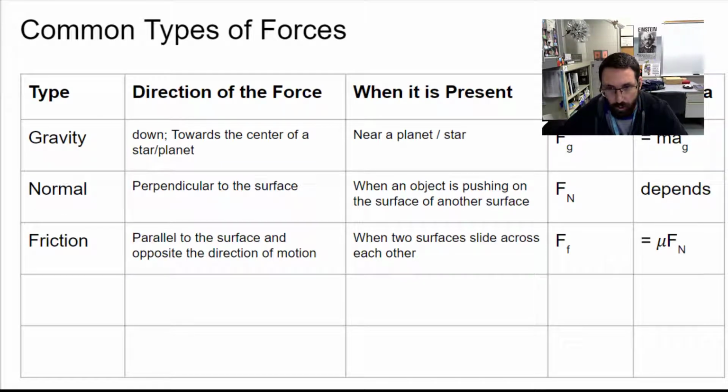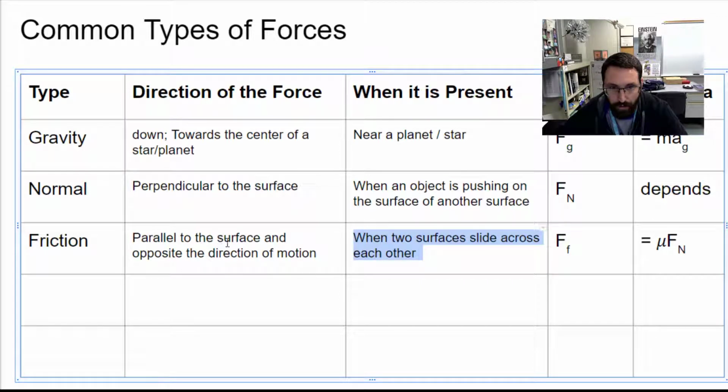Friction would be when you have two surfaces sliding across each other, and it's always parallel to the surface, and it's always the opposite direction of the motion. So a capital F and then a subscript f, and we have a formula where it's the coefficient of friction times the normal force. The coefficient of friction depends on the surfaces.